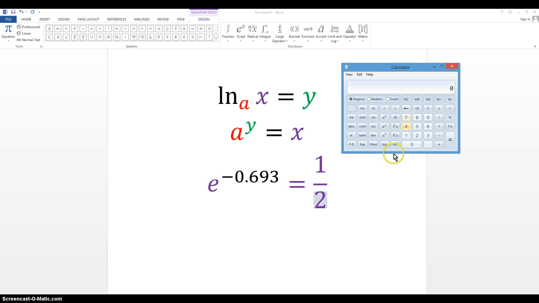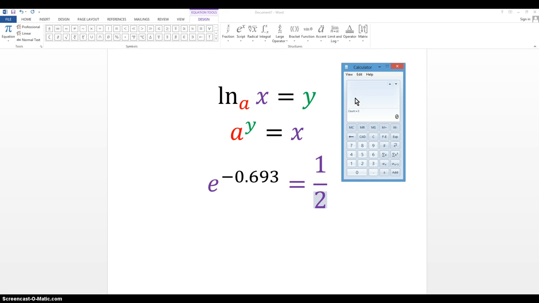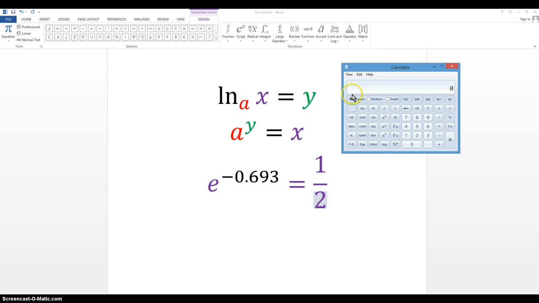And I don't think I have the E function on this calculator. Let's look at programming or statistics. No, I don't have that. So let's stick to scientific. Okay, it's not working, so that's okay.